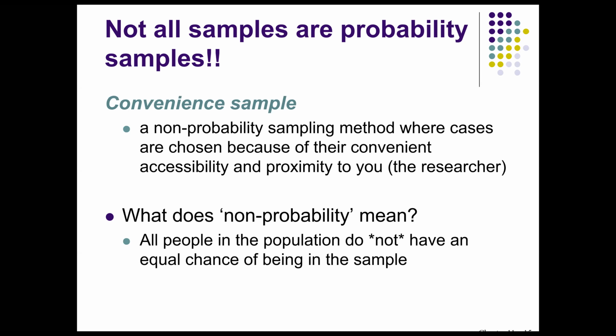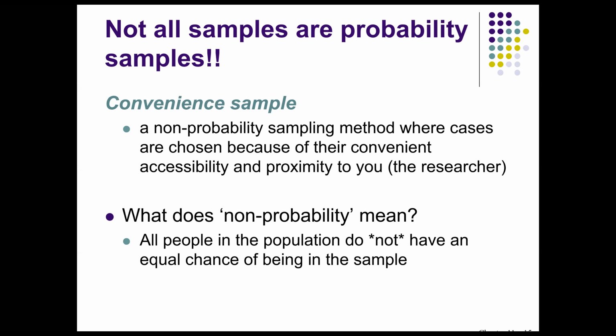So convenient samples are non-probability samples. And what that means is that everybody in the population didn't have an equal chance of being chosen to be in the sample. The only people who were chosen were people who are convenient for the researcher to access.